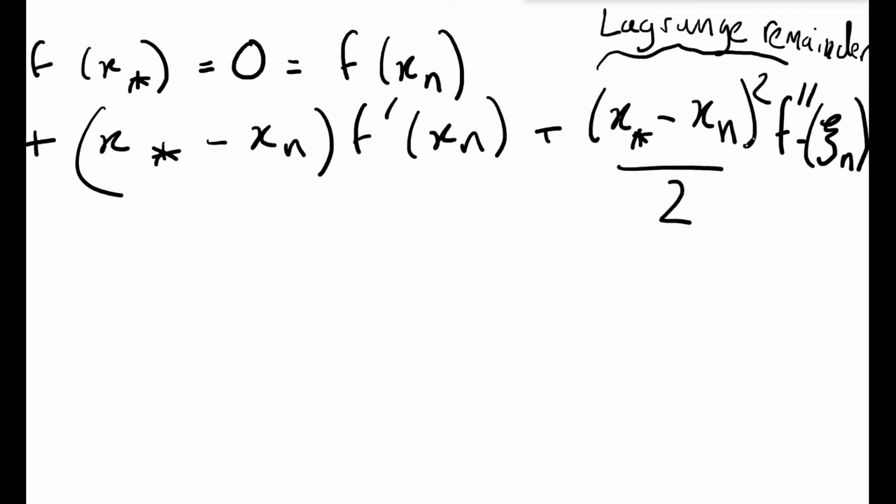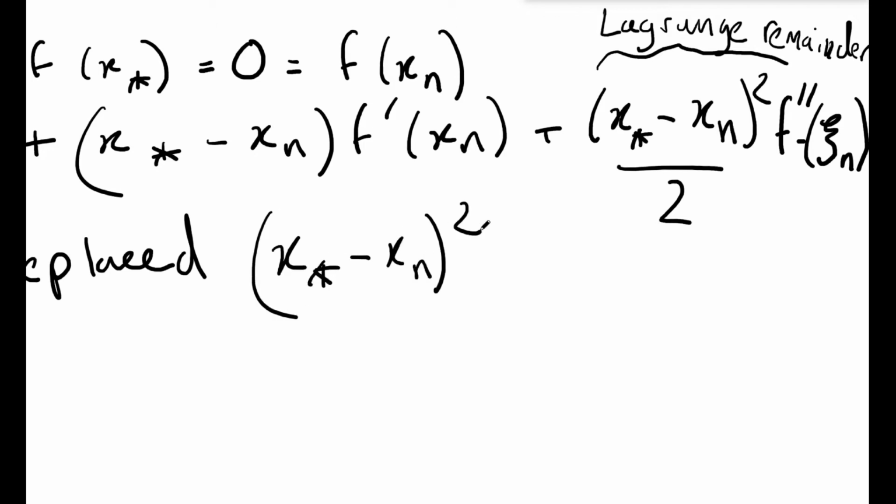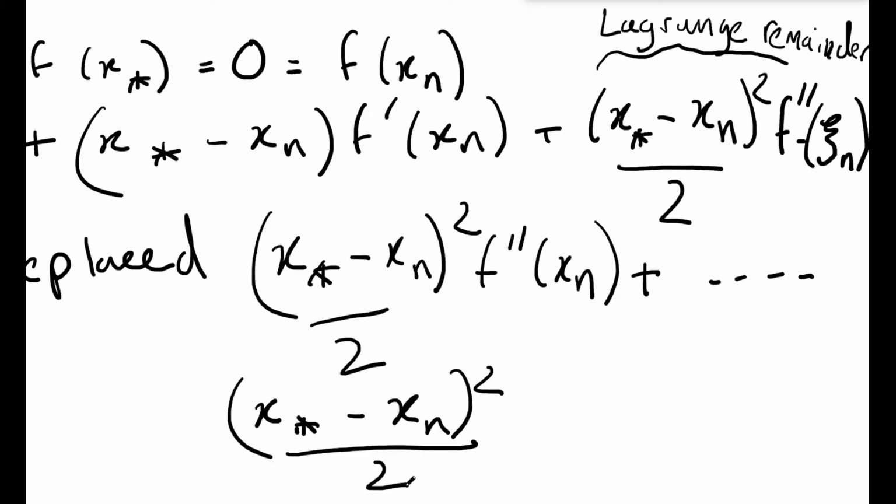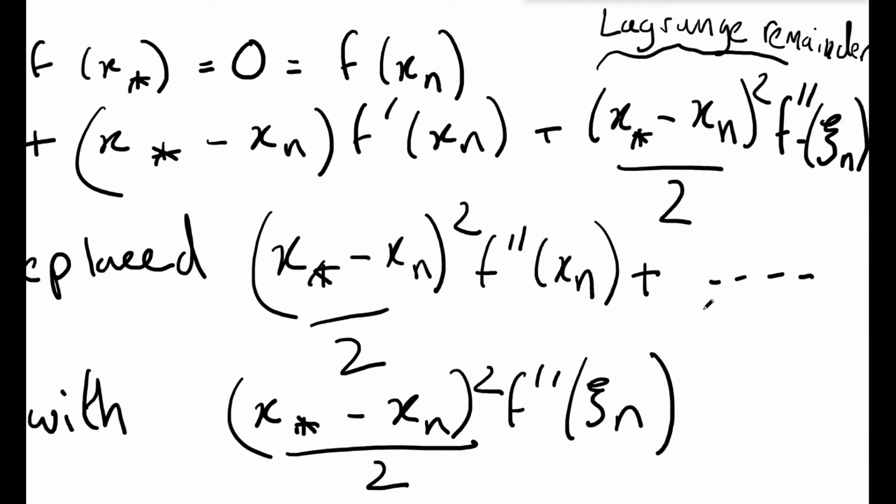So let me emphasize what we've done: we've replaced (x* - xn) squared times f double prime of xn plus all the extra terms, by just substituting the variable in there. It's a really neat analytical tool, a really neat theorem that we're going to use. That's called the Lagrange remainder.